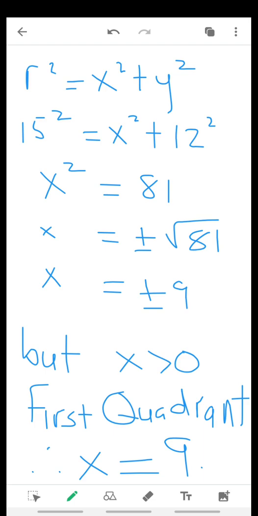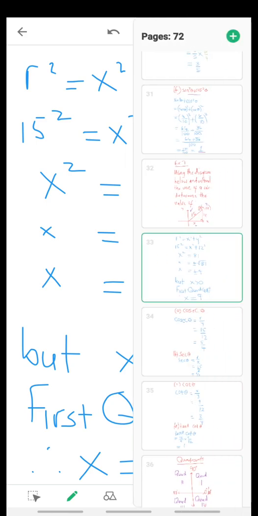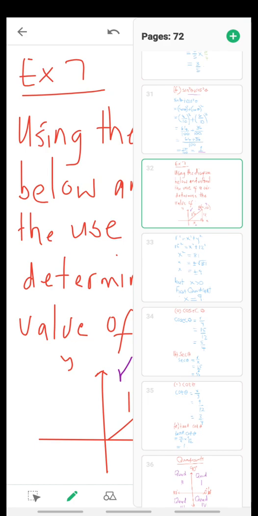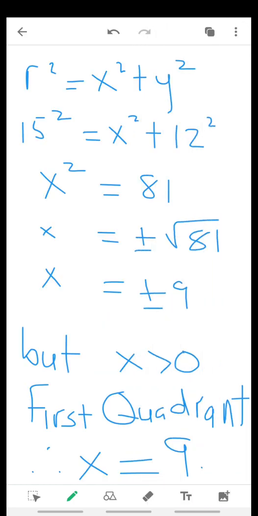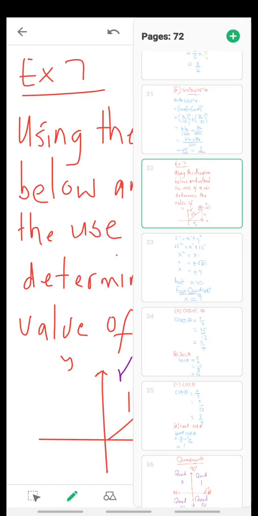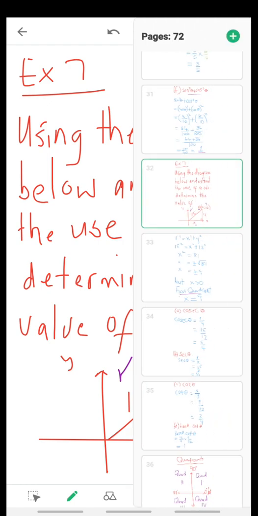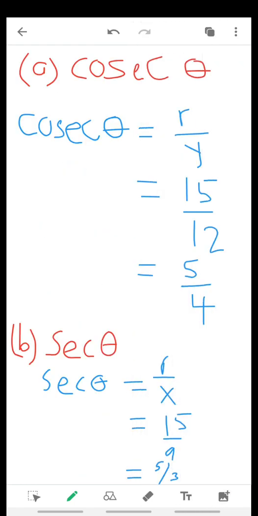But remember, the diagram was shown to be in the first quadrant, meaning our x must be a positive 9. All values in the first quadrant are positive, all the x values. Now, the next thing is we answer the questions.